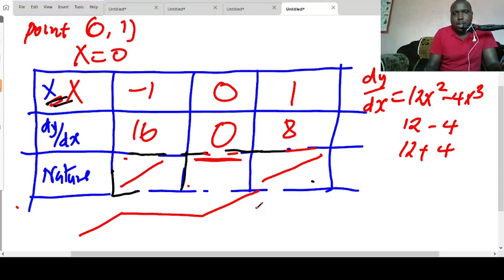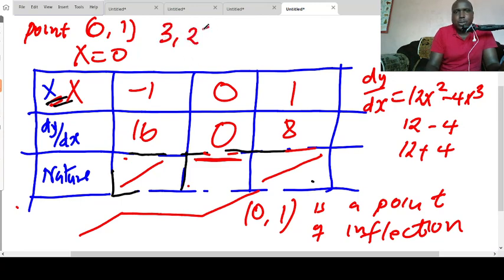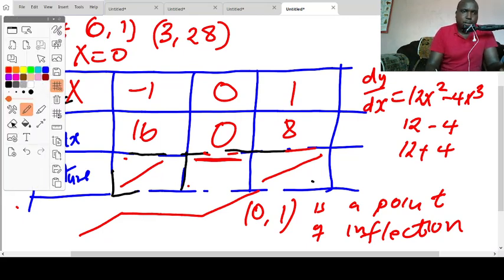So you say 0, 1 is a point of inflection. So we are remaining with the 2 marks to check for the other one. The other point was 3, 28. That is the one we check tuone kama ni maximum ama ni minimum na tupate marks yetu 10.